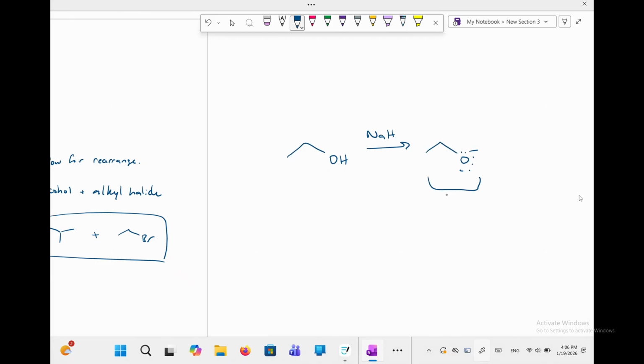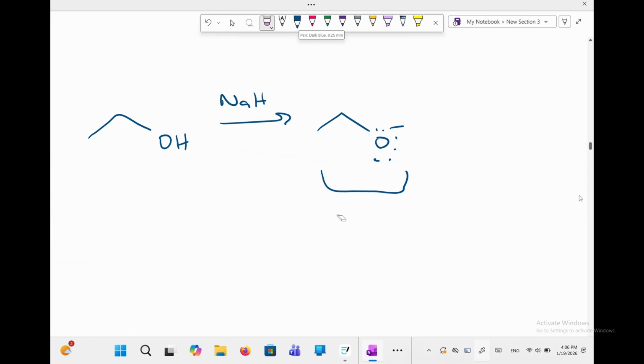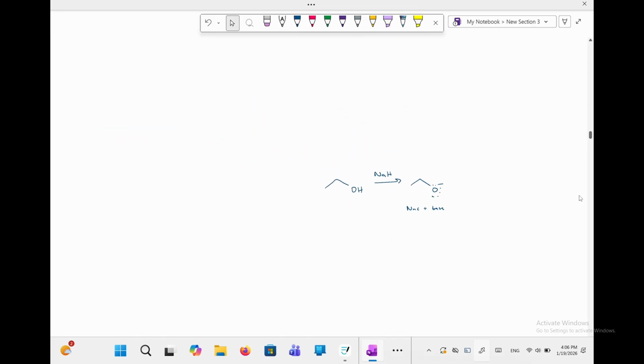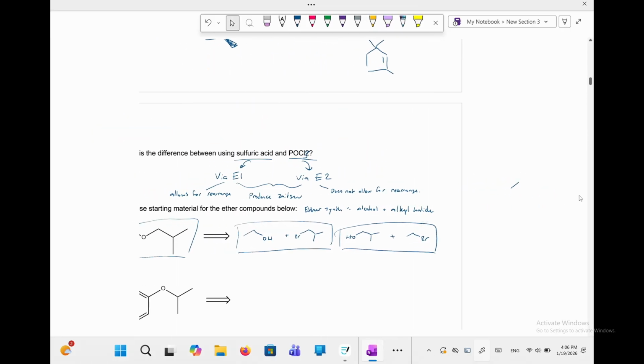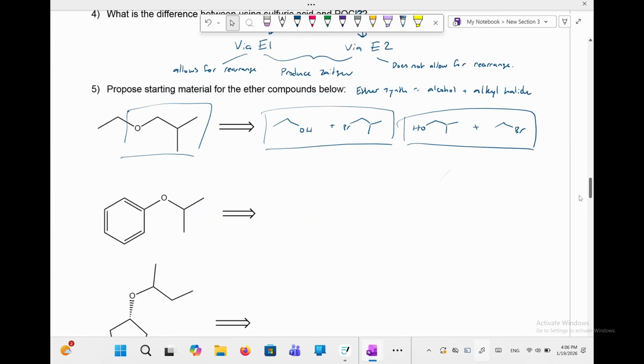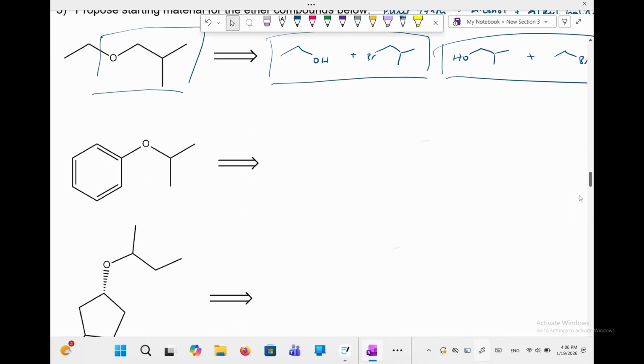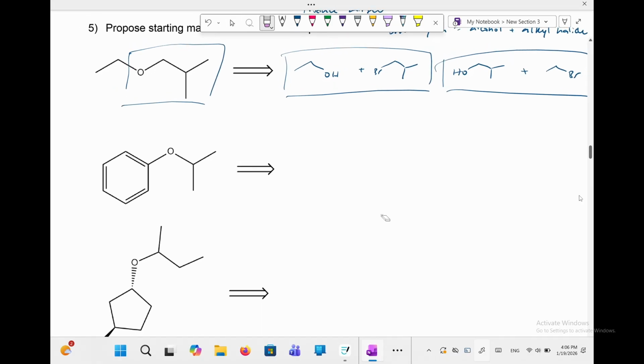These are really good bases as well. So not only are they nucleophilic, but they're also basic. And since they're a base as well, we have to be careful of any potential elimination products. In this question, I'm not asking which set is favorable, but you can always keep in mind which set is realistically going to yield a good ether synthesis.